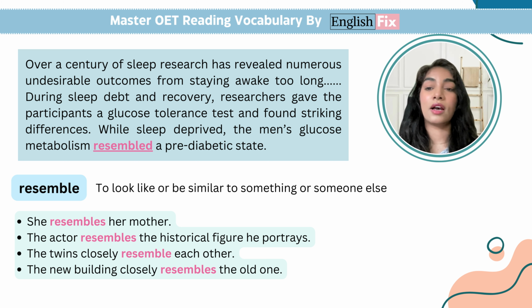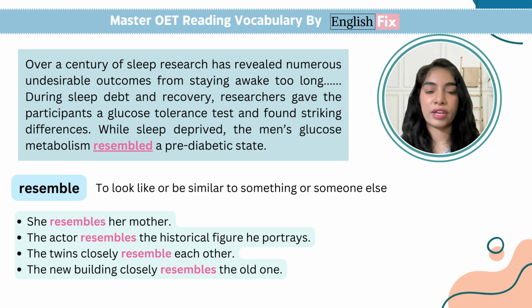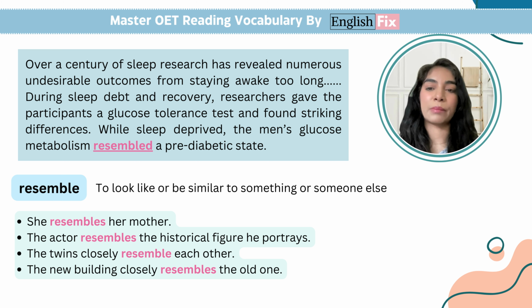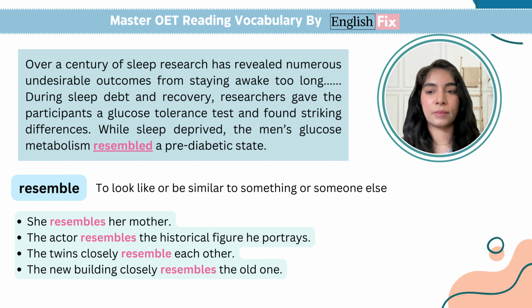Coming back to the paragraph, "while sleep deprived, the men's glucose metabolism resembled a pre-diabetic state." So during the time that they were actually sleep deprived, did not have enough sleep, the glucose metabolism of the men in the study looked very similar to a pre-diabetic state, or a patient's pre-diabetic state, basically.